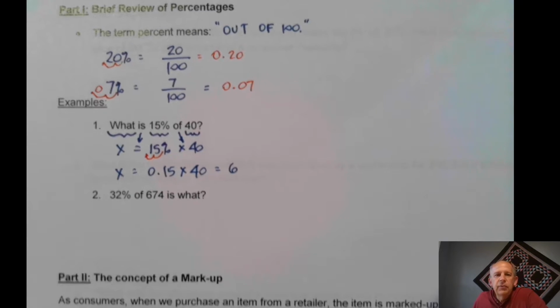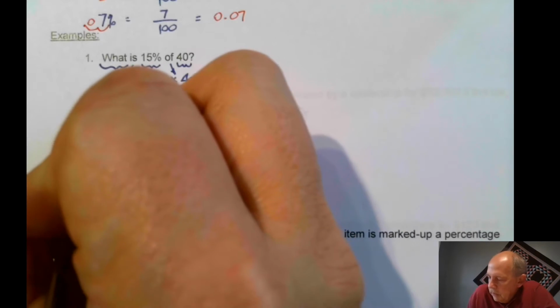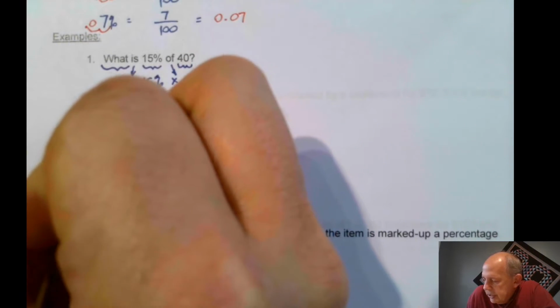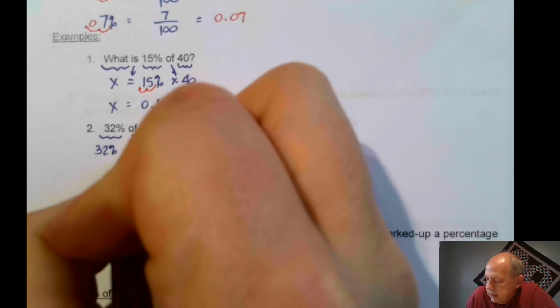Now, that was easy. Let's take a look at another one where the numbers are not so easy. 32% from English to math is still 32%.